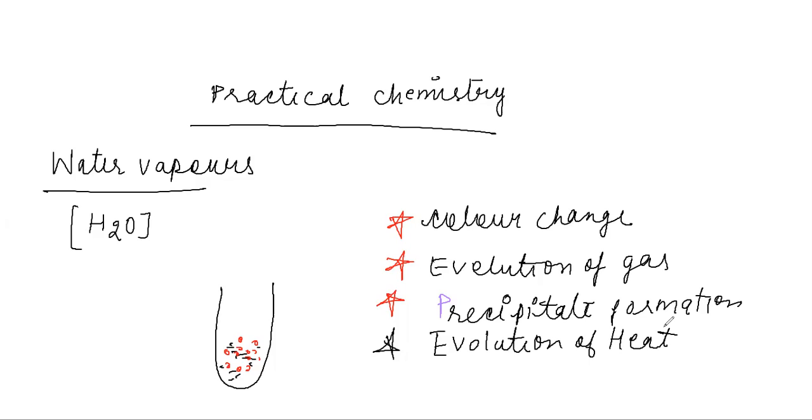These are the observations we use to identify, because practical chemistry is identification tests, that is qualitative analysis. We are not finding the quantity of any gas, right? We are doing qualitative analysis.